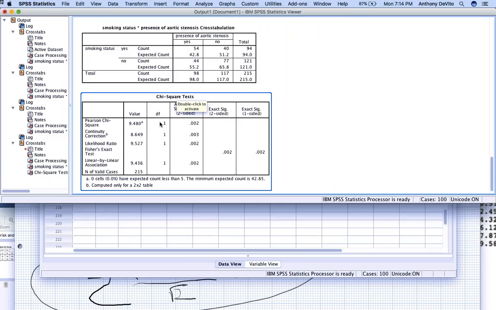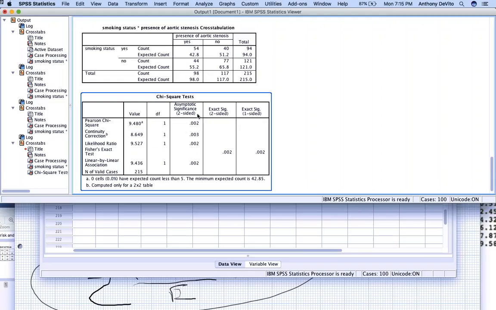What can you tell me about 9? If you saw a 2x2 table, and I got a chi-square value of 9.4, what did we say the critical value was for 5%? Alpha's 5%. 3.84. So if we exceeded the critical value, you would expect that to be less than 5% chance of being wrong if we reject the null hypothesis.